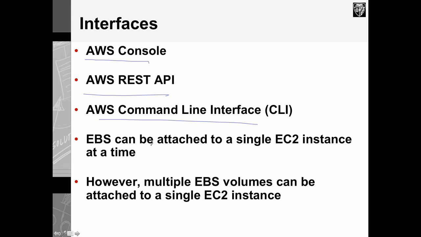The one thing we want to remember is that an EBS volume can be attached only to a single EC2 instance at a time. So this is like a USB disk. Only one instance can have access to that EBS volume. Multiple EBS volumes can be attached to a single instance. So that is the main primary distinction we want to remember.